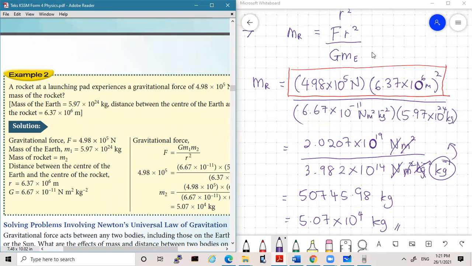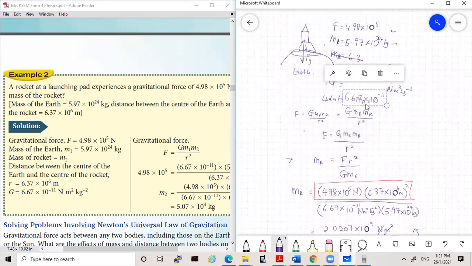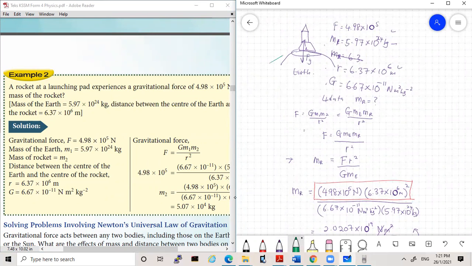Let's look back. What are my steps? I will write the steps first.